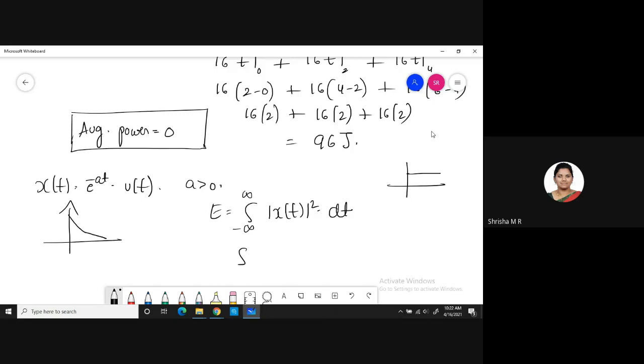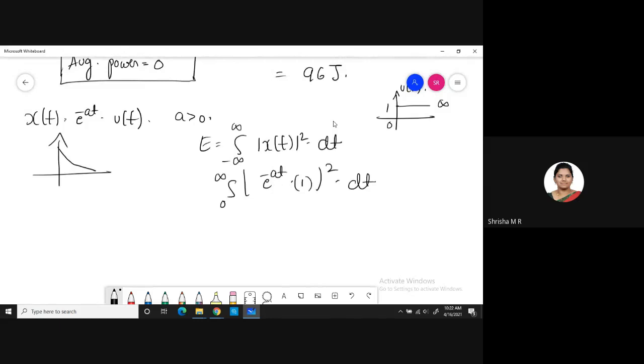So u of t means the signal will exist from 0 to infinity with an amplitude 1. So our integral will be 0 to infinity e power minus at into 1 whole square into dt. Try solving this. What do you get? 0 to infinity, you have e power minus 2at into dt.